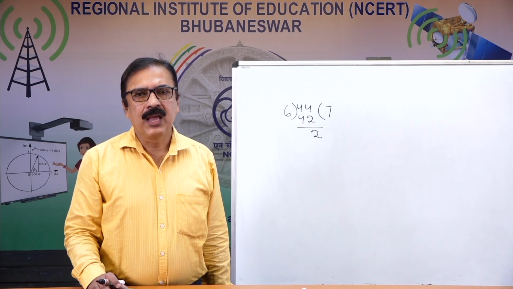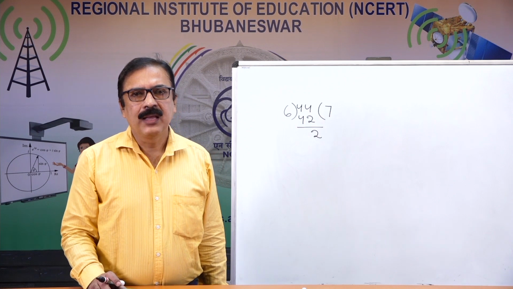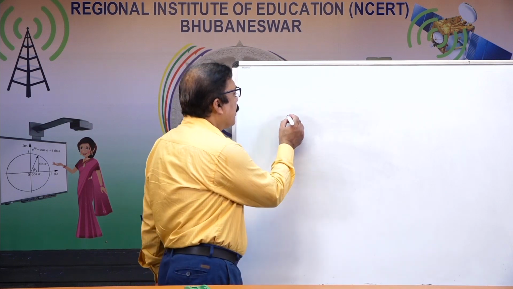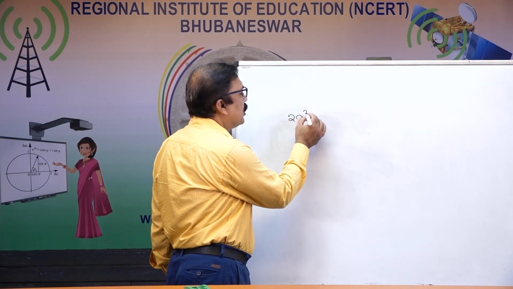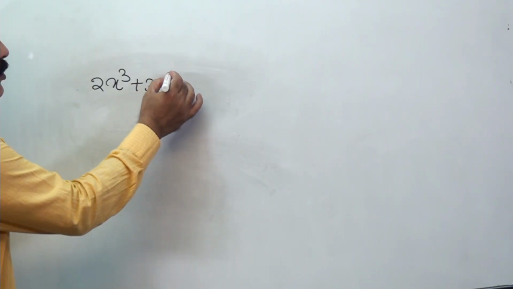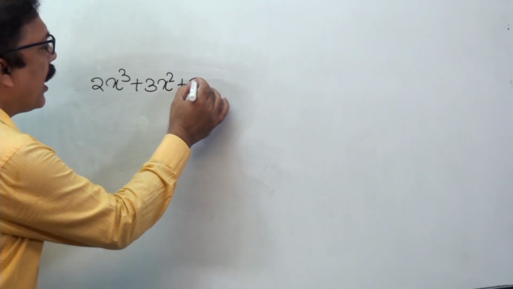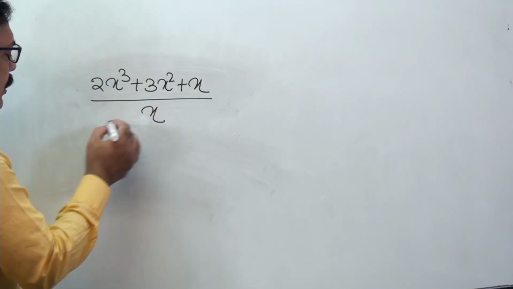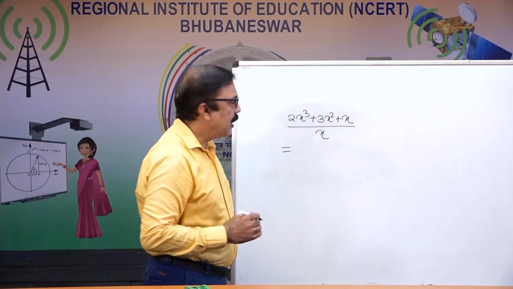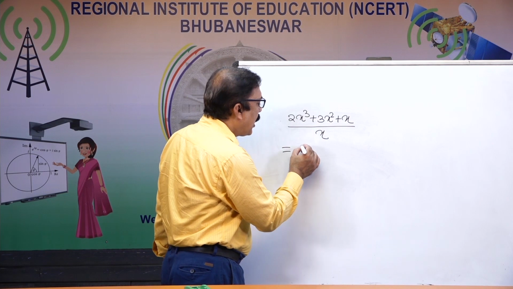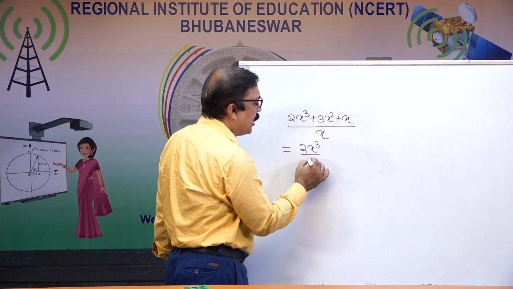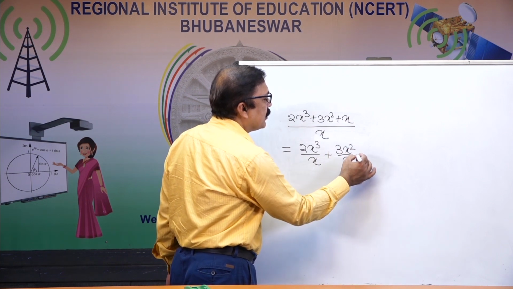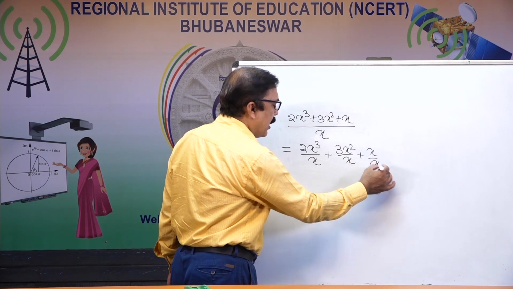Let's start with a polynomial divided by a monomial, say x. Here the polynomial is 2x cube plus 3x square plus x. This is to be divided by x. By the distributive property, we can write 2x cube by x plus 3x square by x plus x by x.